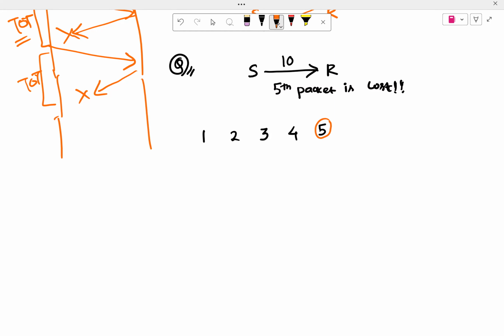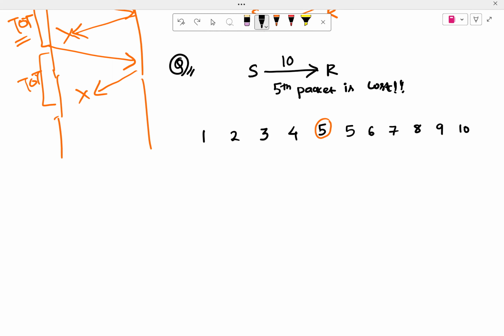Yes, we know all packets will reach, but the question is how many packets need to be transmitted in total to make these 10 packets go. The fifth packet will be lost, so we have to retransmit the fifth packet again. Then we'll go on and send the sixth, seventh, eighth, ninth, and 10th.